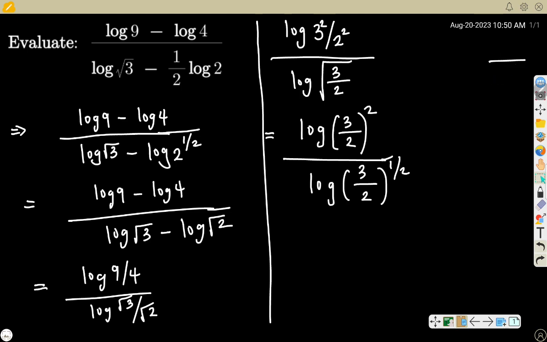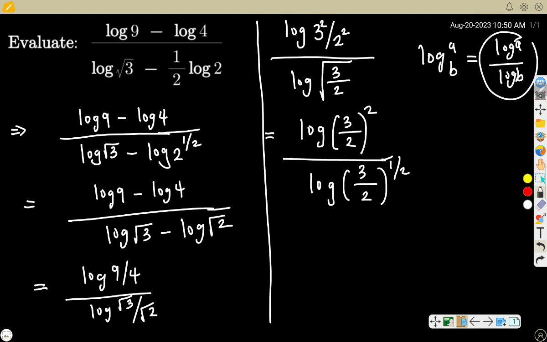But the one we are using now, we are not using change of base here, so we are using log a base b is equal to log a divided by log b. So this is what we are using here.